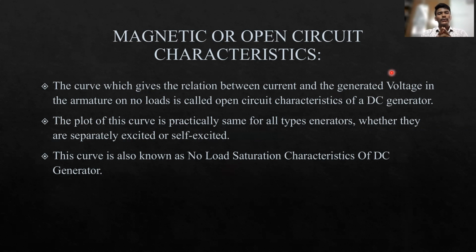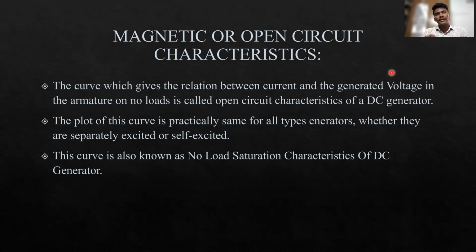The curve which gives the relation between the current and the generated voltage in the armature on no load is called open circuit characteristics of a DC generator. Any graph which shows characteristics of anything has a curve, and it is the only one which shows the characteristic of the particular thing we want to convey.